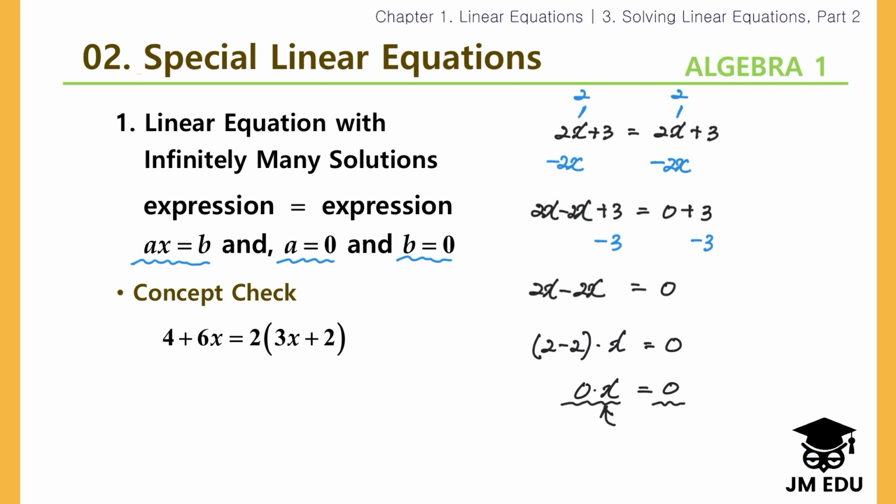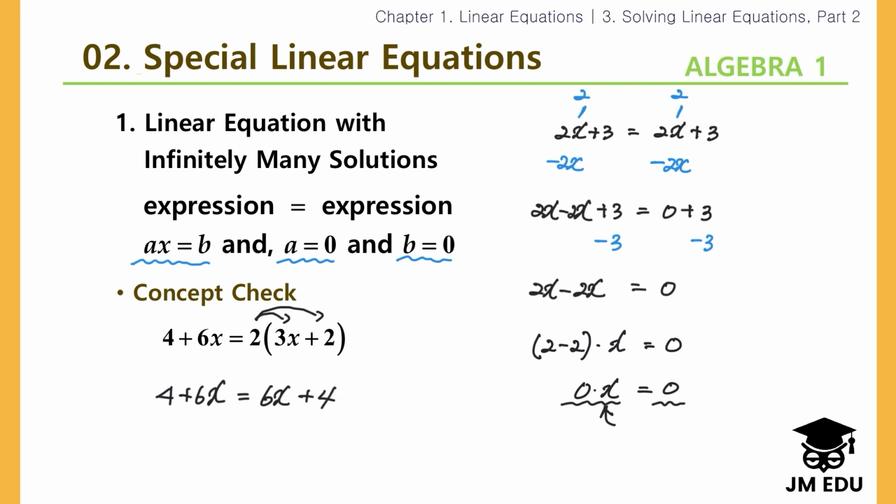Okay, concept check. We have 4 plus 6x is equal to 2 times 3x plus 2. If we solve the parenthesis, that's going to be 4 plus 6x is equal to 2 times 3x, that's 6x, 2 times 2, that's plus 4.